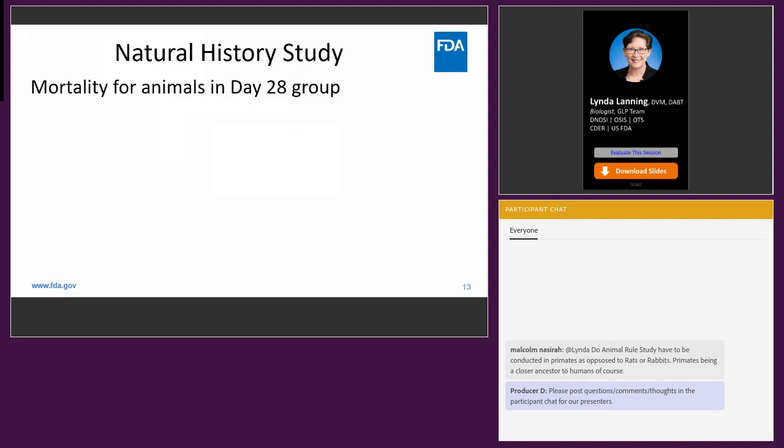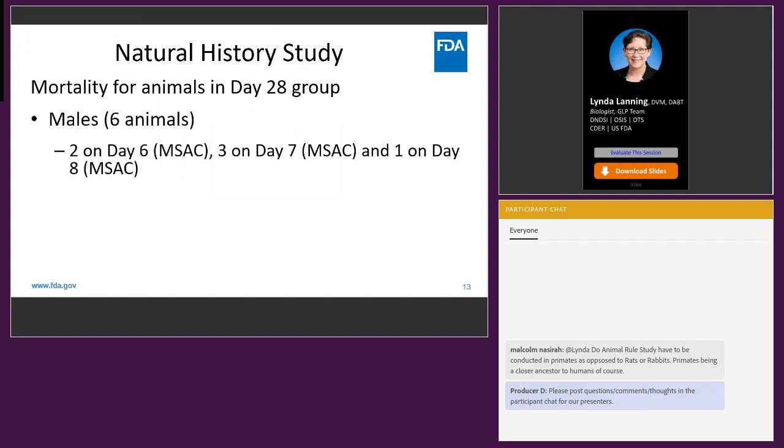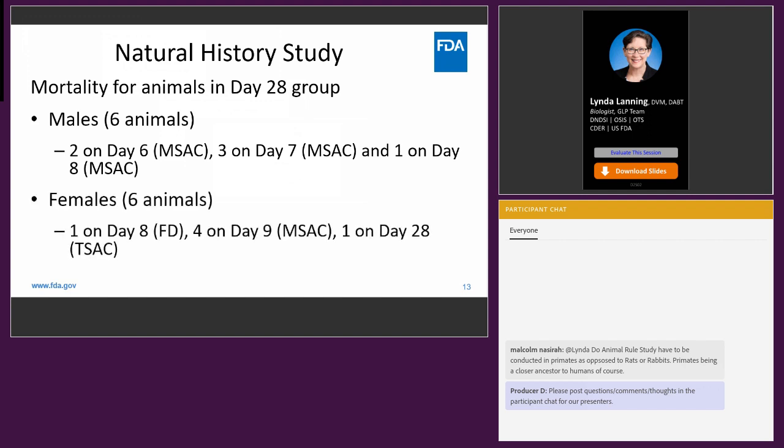Following the protocol-defined euthanasia criteria, 6 males were euthanized in the day 28 group in moribund condition on days 6, 7, and 8. 1 female animal survived to day 28, whereas 1 was found dead on day 8, and 4 were euthanized in moribund condition on day 9. The 1 surviving animal received the lowest challenge dose of the study, which was 43 CFU.